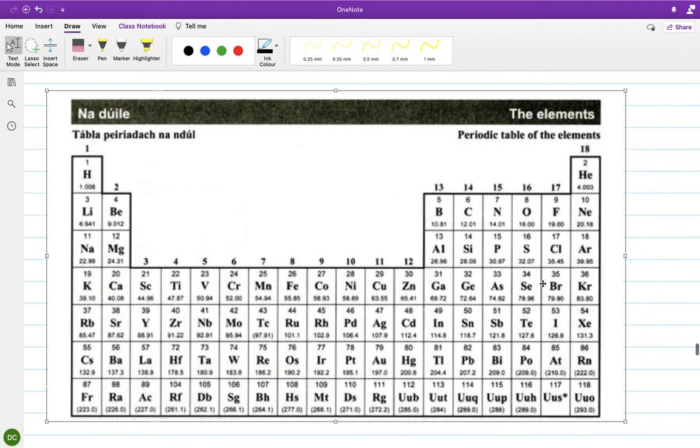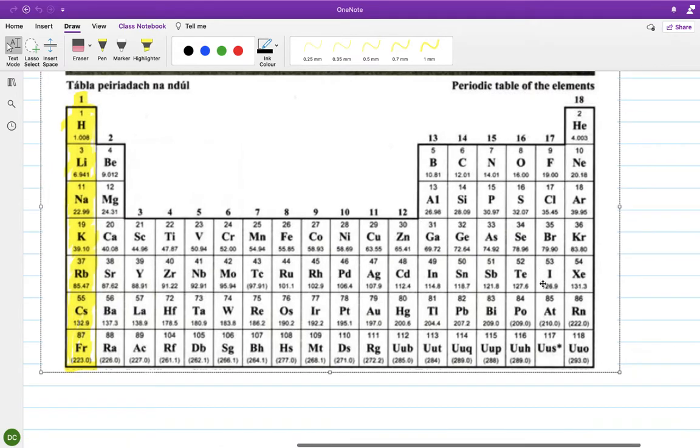If you remember group 1, these are all your group 1 elements. I'm not going to go through all of these; I'm going to let you do some of them.